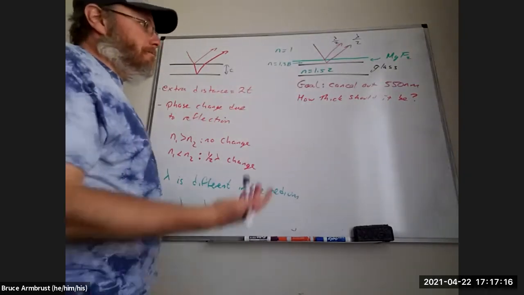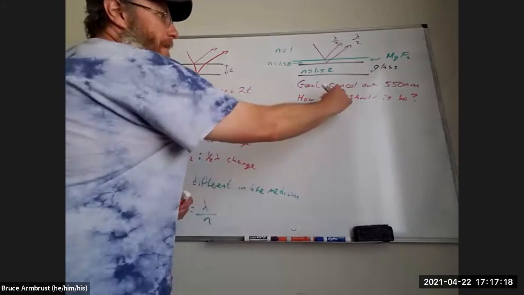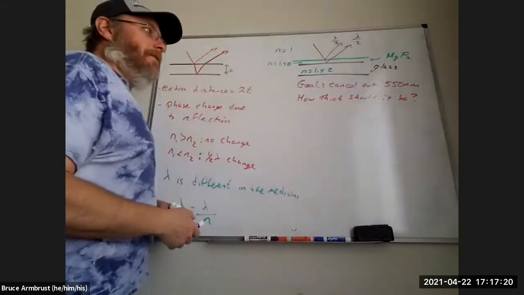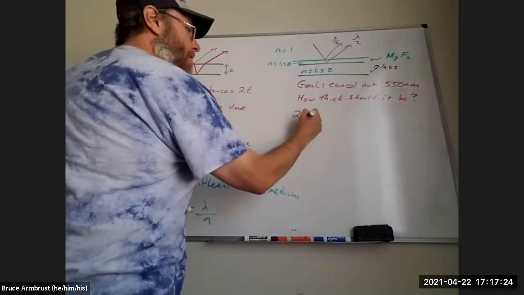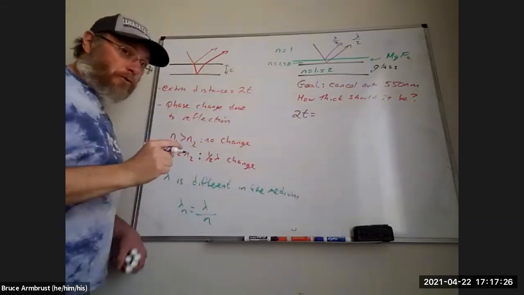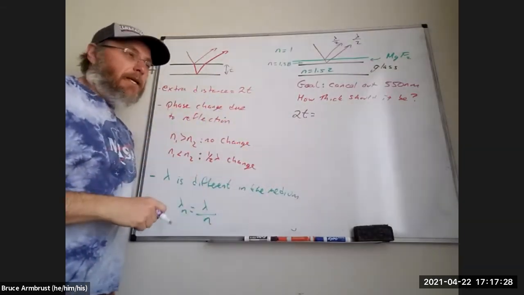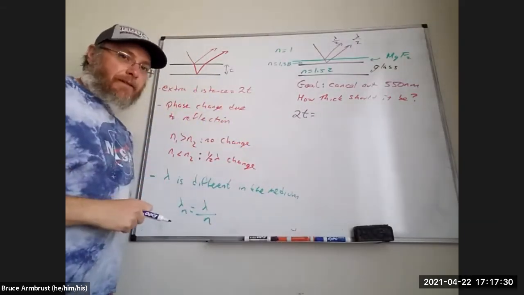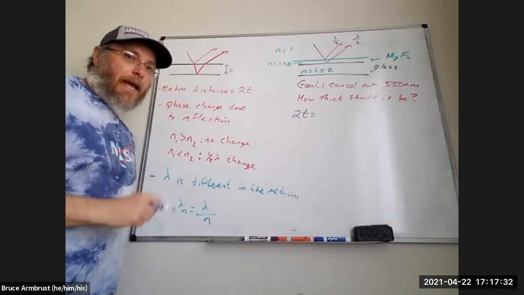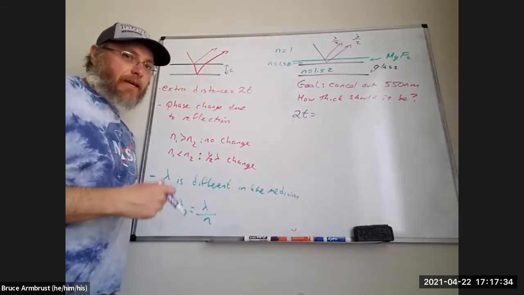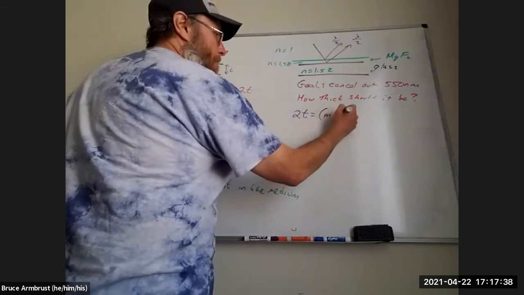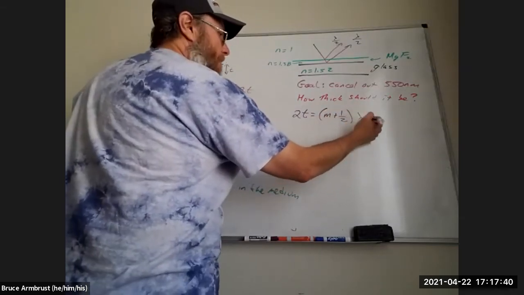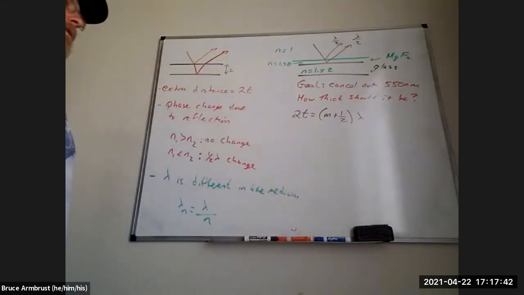Okay, so let's think about what we're trying to do. We're trying to cancel out the 550 nanometers. That means we need the thickness times 2 to be half a wavelength, 1.5 wavelengths, 2.5 wavelengths, 3.5 wavelengths, and so on. So I'm going to put here m plus 1/2 times lambda.